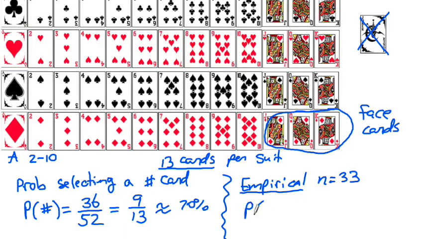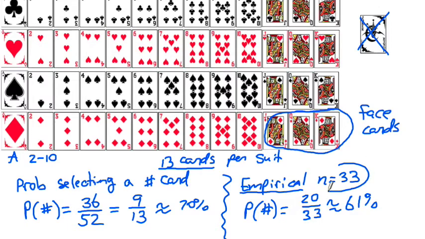We found that the probability of finding a number empirically is 20 times that it worked out of 33 times. This is a lot closer to 66% than it is to 70. 20 divided by 33 is 61% approximately. So it's not hugely off, but it is pretty far off empirically. But again, if we chose this number to be larger, the probability of selecting that number card would be closer to the theoretical value.